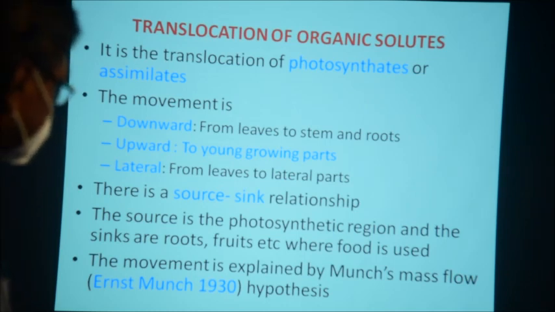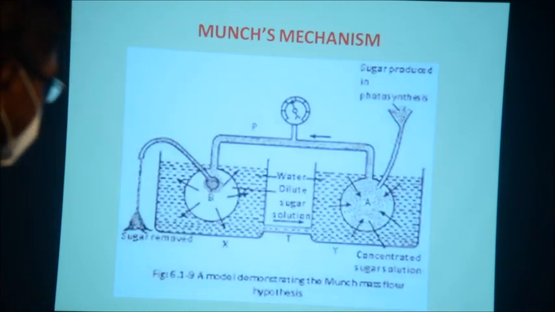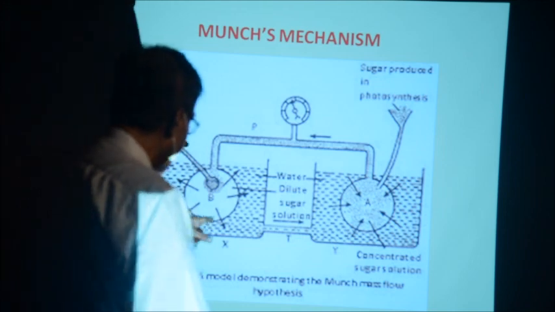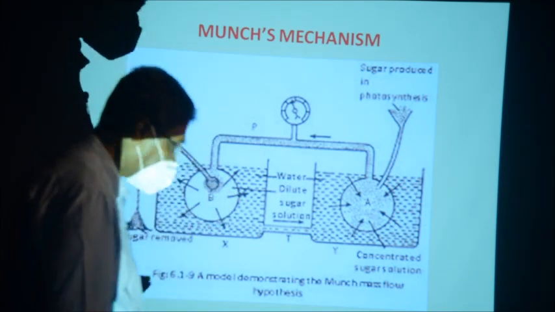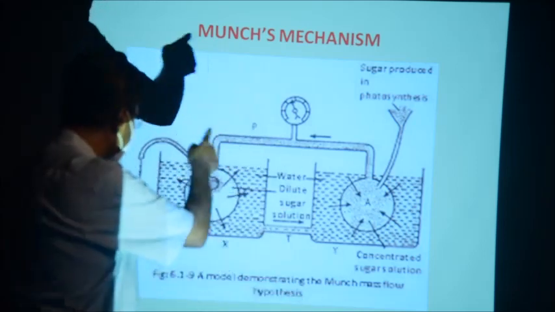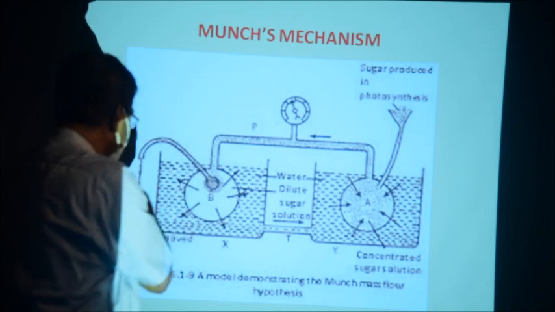Now, the source is the leaf and the sink is the other parts of the plant. The source synthesizes food, osmotic concentration increases, water enters in, and the water moves along the phloem path up to the sink.